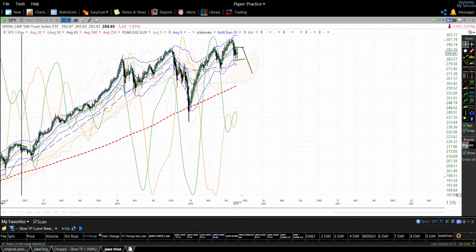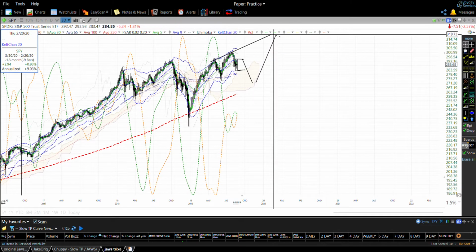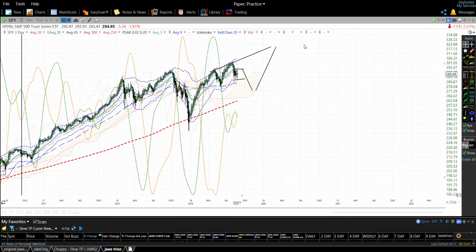So right around there, which is near New Year's and has been my expectation for quite a while already, a bullish trend would begin, and that bullish trend could potentially make new highs and trace along this trend line here and come all the way up like that into that 320 SPY area.